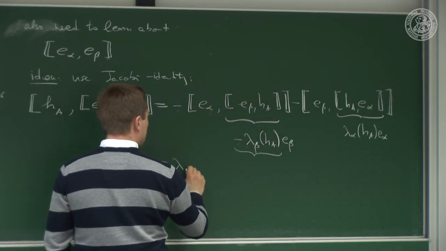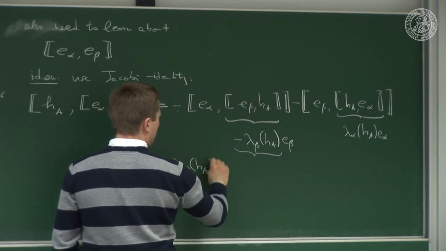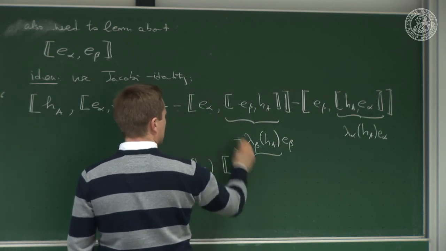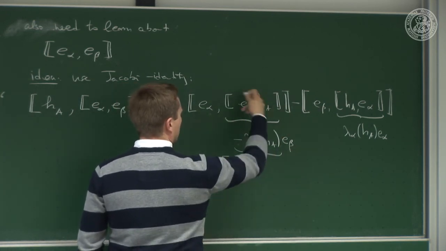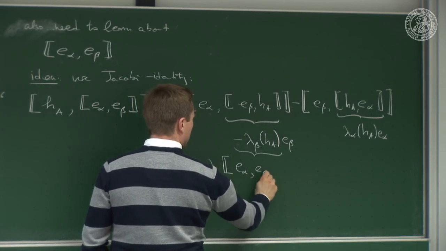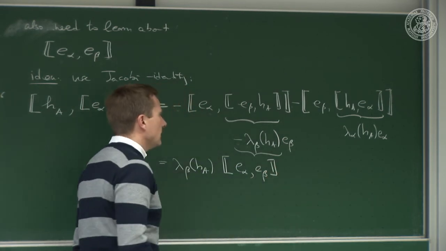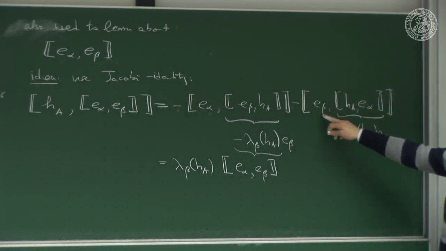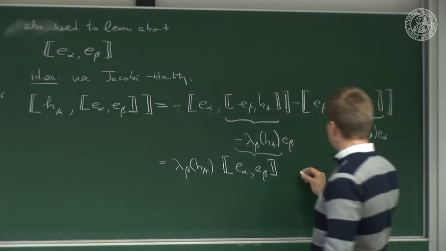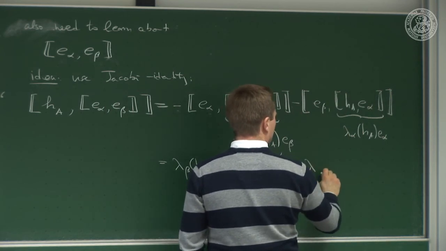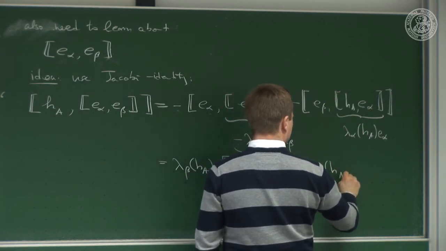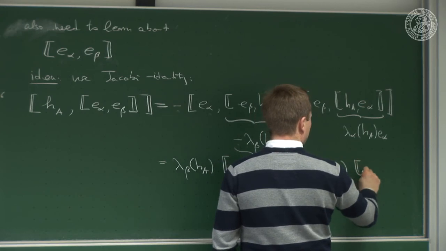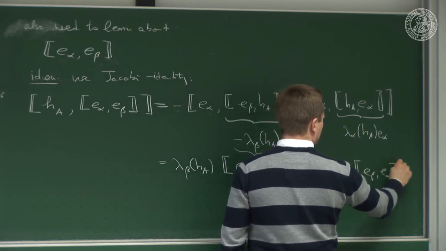This is plus lambda_beta of H_A times the commutator [E_alpha, E_beta]. And back here it's similar, but you get E_beta, E_alpha, well, let's write it down. It's minus lambda_alpha of H_A times [E_beta, E_alpha].